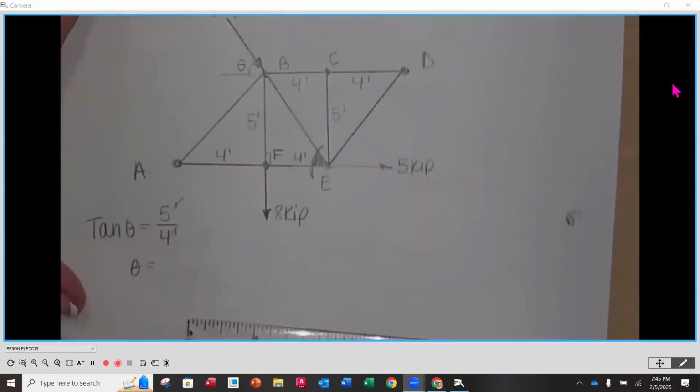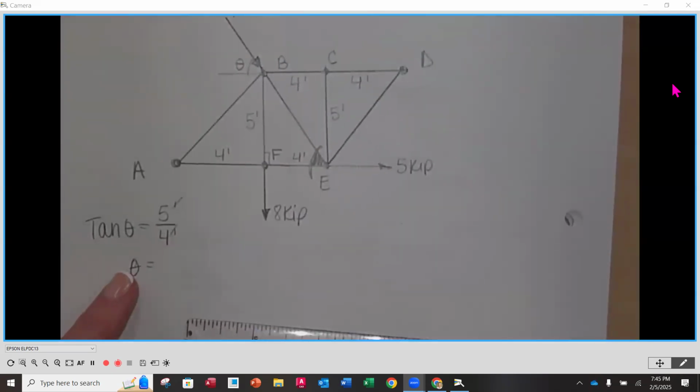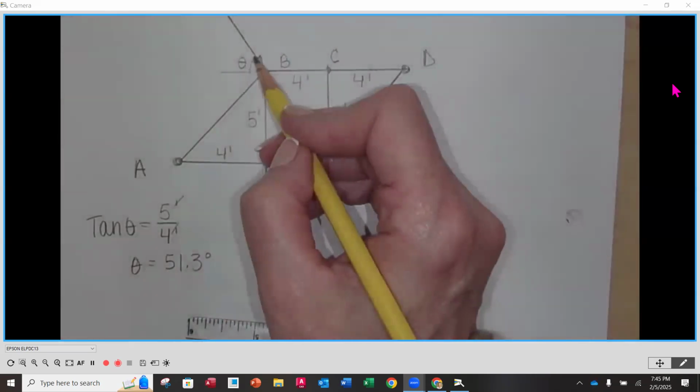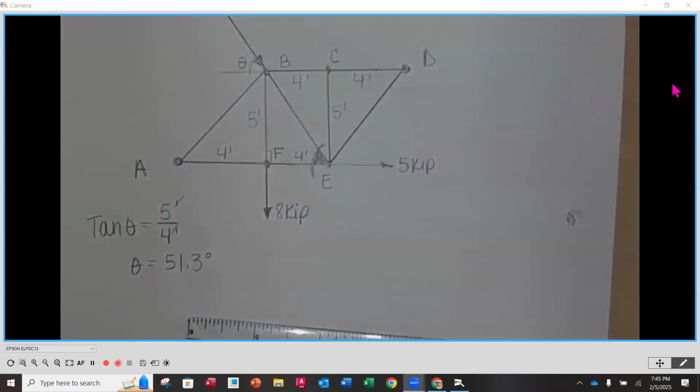And when we use the inverse tangent, what do you guys get for an angle? 51.3 degrees. Yep, 51.3 degrees. And if you look at our example problem, that's exactly what they get. So that means this is the angle that we use for our components.